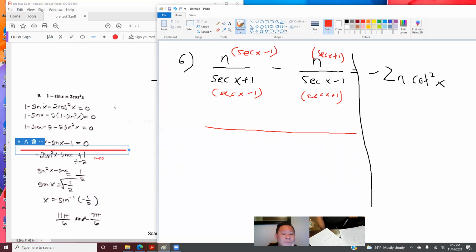You got secant x minus 1 times n. Right? Yep, so it will become n secant x. What else? And then it'll cross out, right? I do not know. Negative 1.